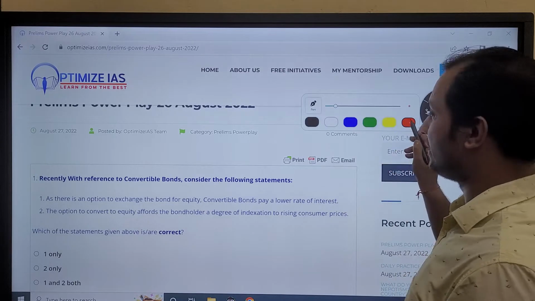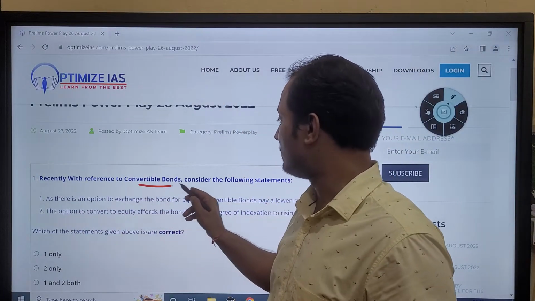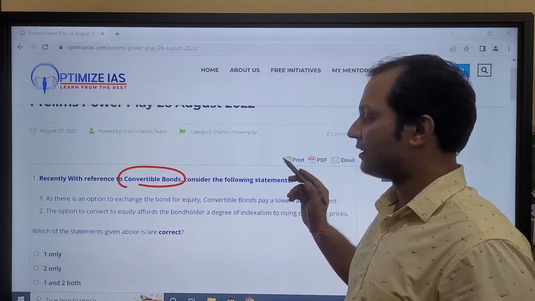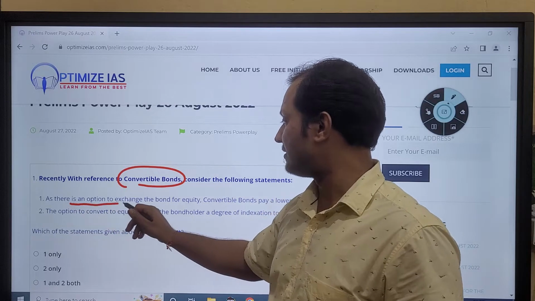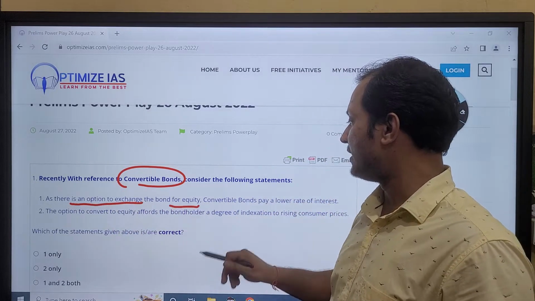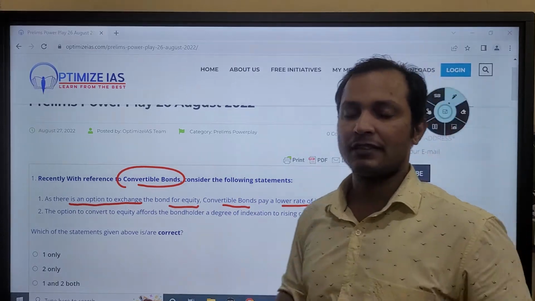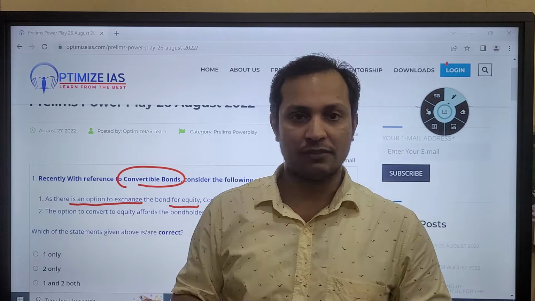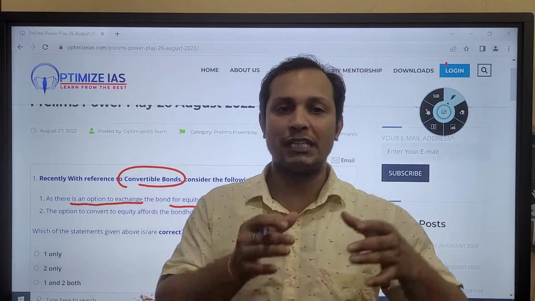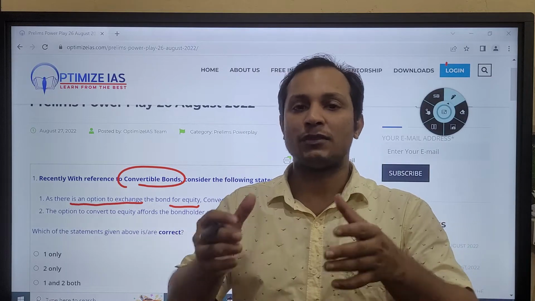The first statement says, with reference to convertible bonds, consider the following statements. As there is an option to exchange the bond for equity, convertible bonds pay a lower rate of interest. Guys, bonds are fixed income instruments. Generally, bonds are given by government or corporates to raise money from the market.